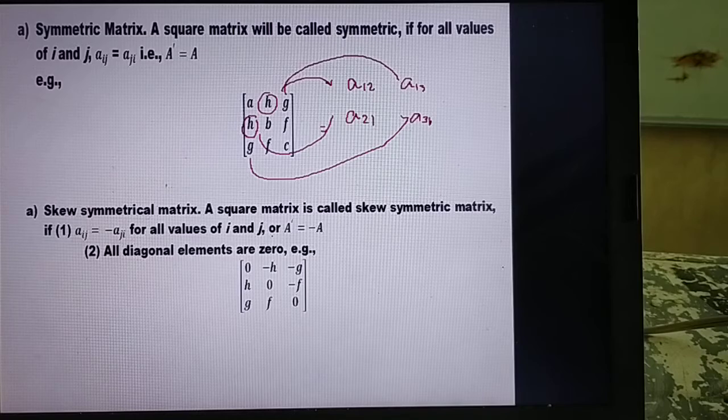Then the skew matrix is called skew when Aij is equal to negative Aji. So the corresponding or reciprocal of row and column is negative, like the illustration here.